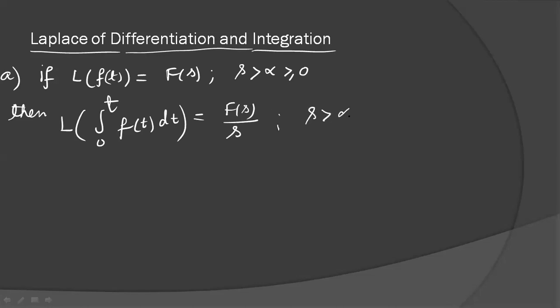And s is greater than alpha greater than or equal to 0. So this is the Laplace of integration: the integral from 0 to t of f(t) dt has Laplace F(s) over s. We have to divide by s only in the integration case.